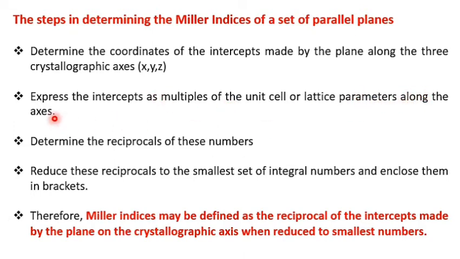Then find the reciprocal of the intercepts. After that, reduce these reciprocals to the smallest set of integral numbers, which means find the LCM. Whatever result comes, you put that result in brackets. This is called the Miller indices of that crystal structure.